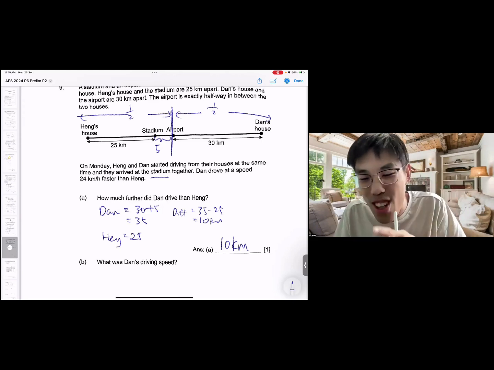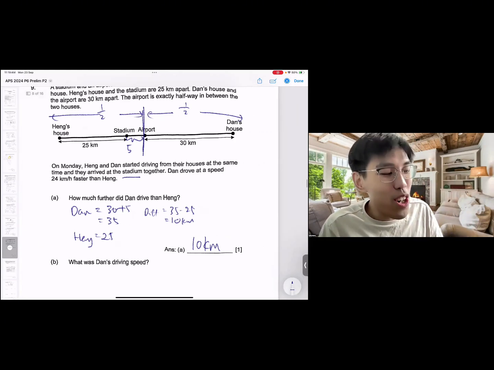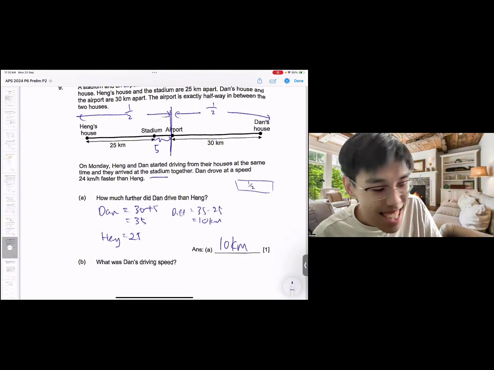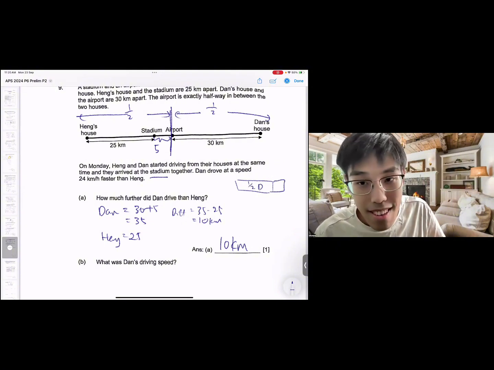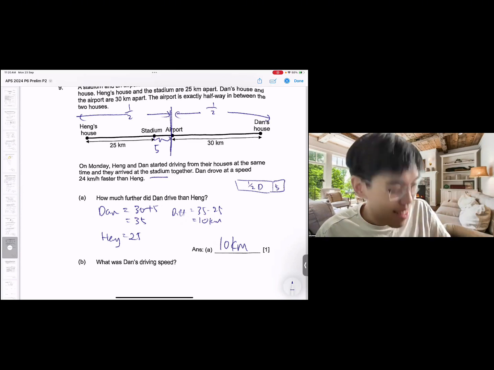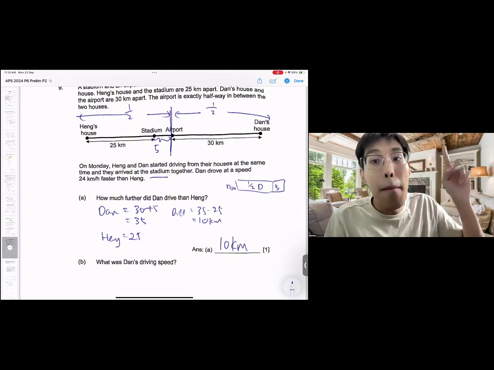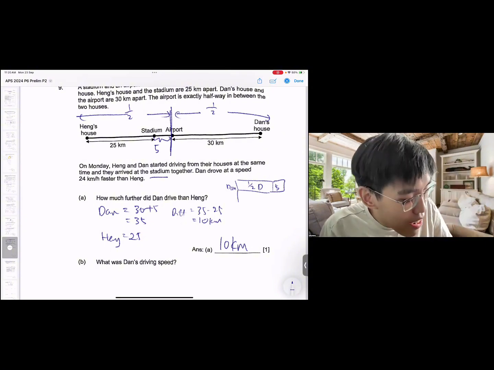If you really are still not sure, you can draw a model. So this is half, let's say this is the half distance, half D, this is plus 5. This is the 5, that is for Dan. Then for Heng, it's half the distance minus 5. So it's 5 less.